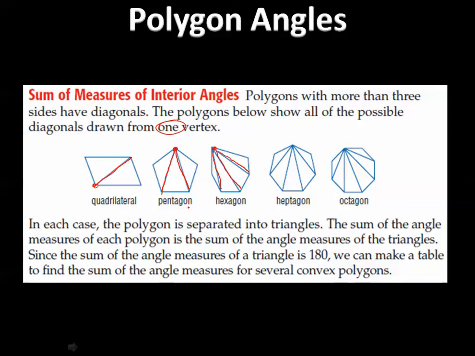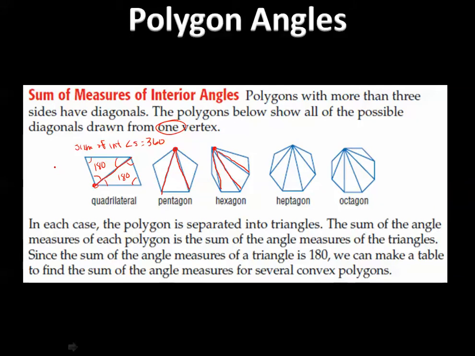And if you look, we know that the sum of the angles of a triangle is always going to equal 180. So the sum of interior angles for this quadrilateral is going to equal 360.